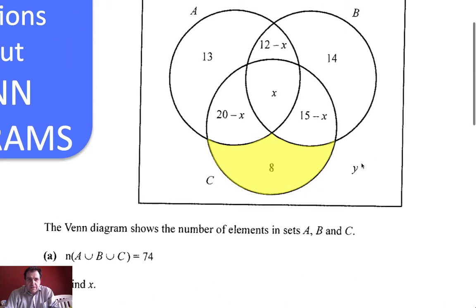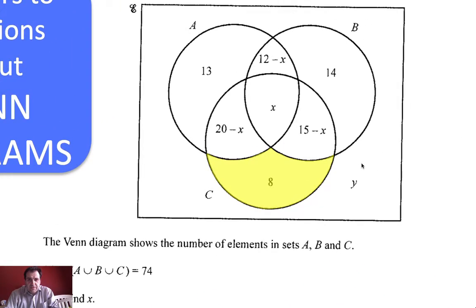And we've got the Venn diagram shows the number of elements in sets A, B, and C. And then instead of numbers, they've given you algebraic things. And then they've told you that the number of elements, so that's what that little n is, in A union B union C is 74. So that means combining everything in sets A, B, and C is 74.